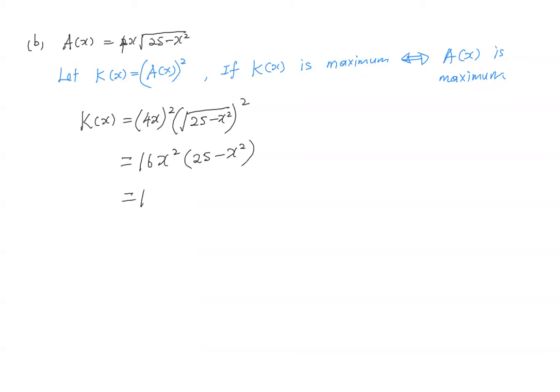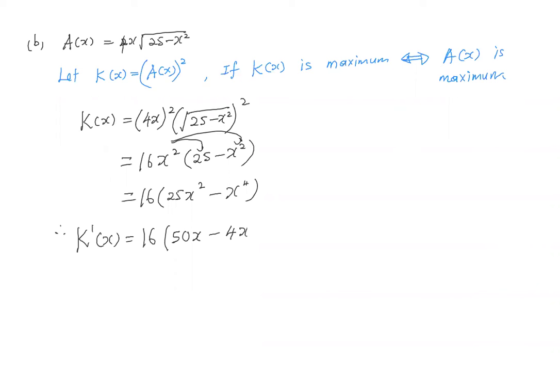So I got 16 times 25x squared minus x to the power of 4. I expand. Therefore, my k prime x will be 16 times 50x minus 4x cubed. So I equate it to 0. You see, I don't have to use the product rule. So I have 50x minus 4x cubed equal to 0.